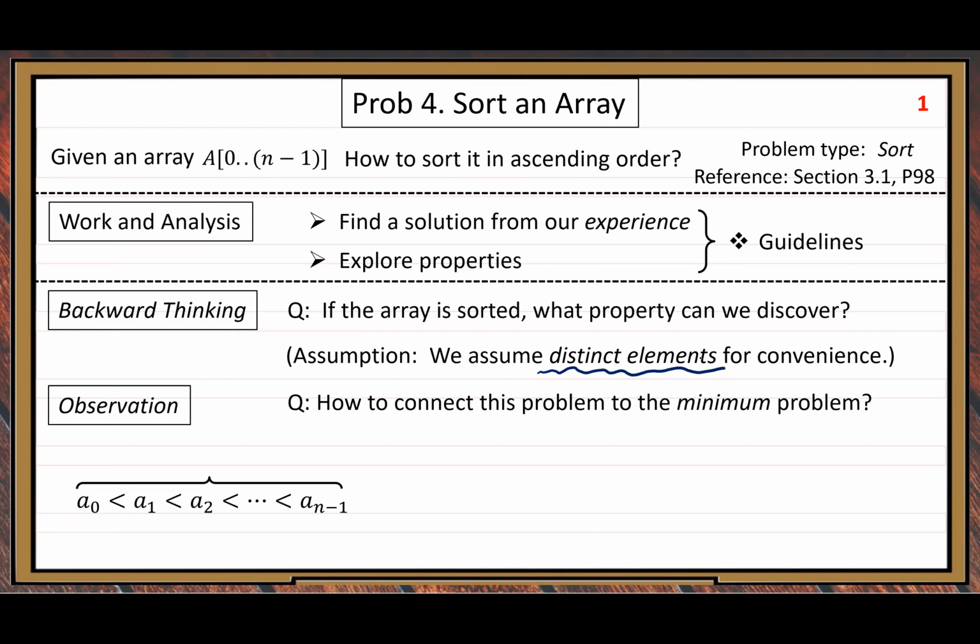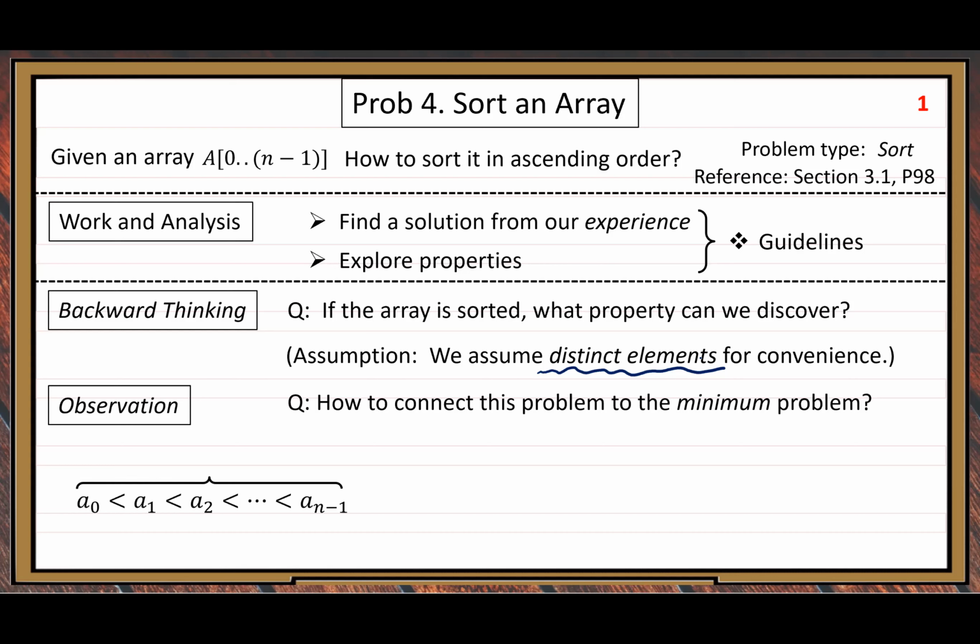Now, because we can find the minimum anytime, that means the minimum we just found should be the first element in the destination array, right? The minimum we find must be the first element in that destination array. How about that? This simple observation.